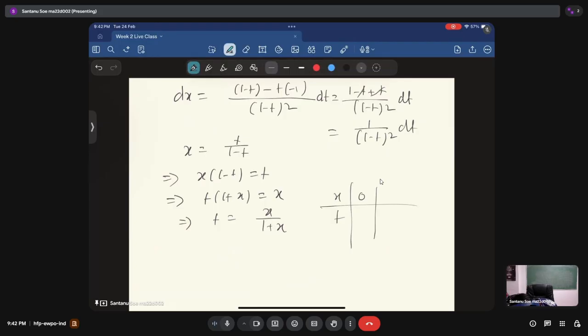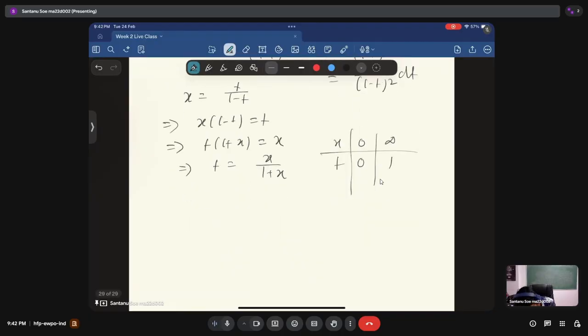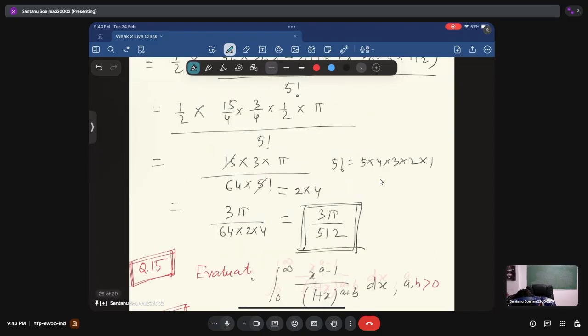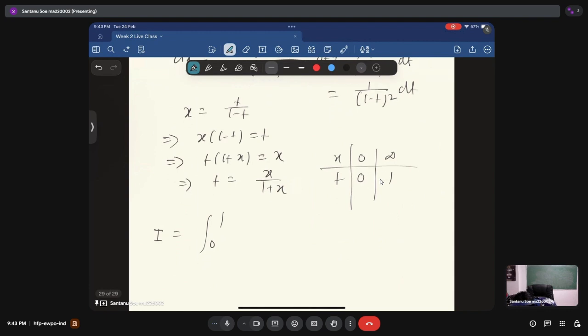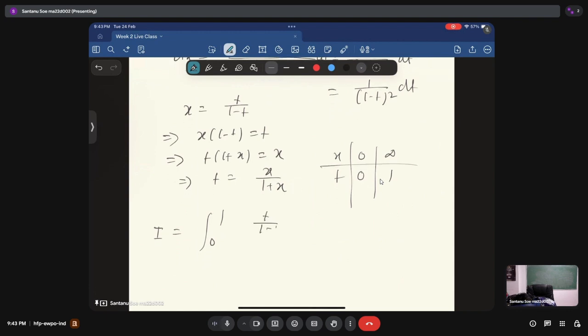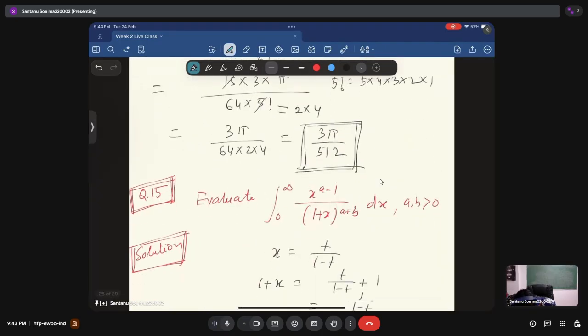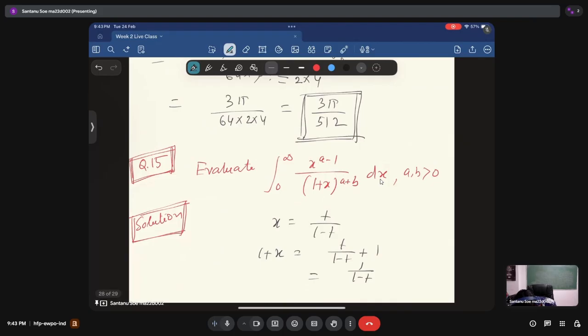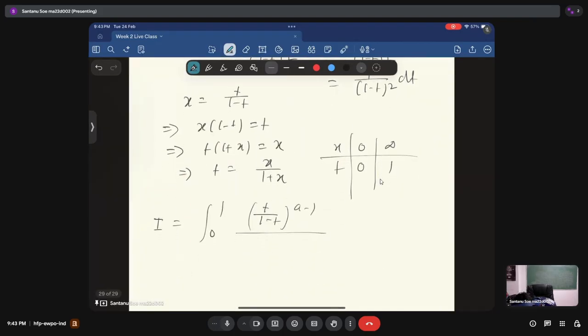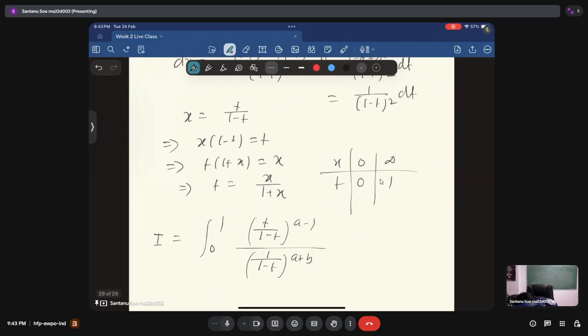So if you just put x equals to 0, then t will be 0, and if you put x equals to infinity, then t will be 1, correct? So our integration now will be changing from 0 to 1, and t by 1 minus t to the power a minus 1 divided by 1 by 1 minus t to the power a plus b.